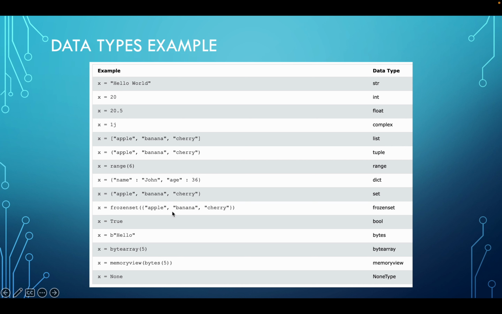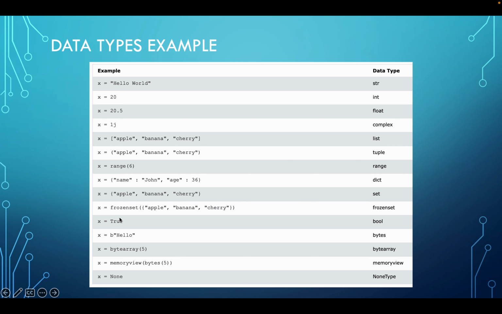This is set. In a curly bracket we are using strings and separating them with commas. This is a frozen set. In frozen set we are using the command frozenset. We are using parentheses. In that parentheses we are using curly brackets, strings, and separating them with the commas.